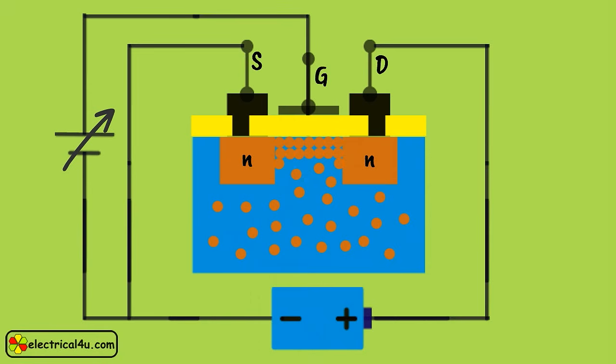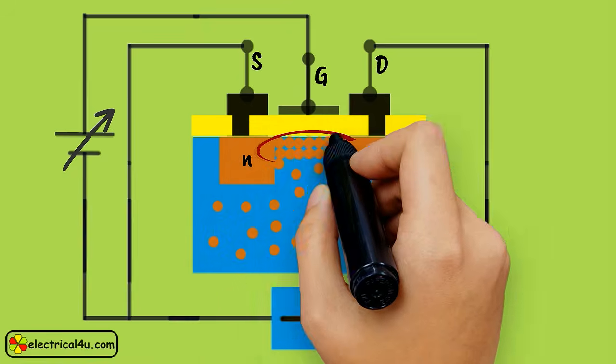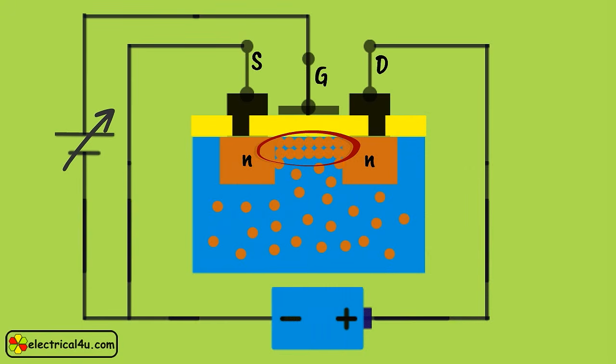This channel, due to higher concentration of free electrons, will behave as N-type semiconductor, although the entire base is doped with P-type or trivalent impurity.